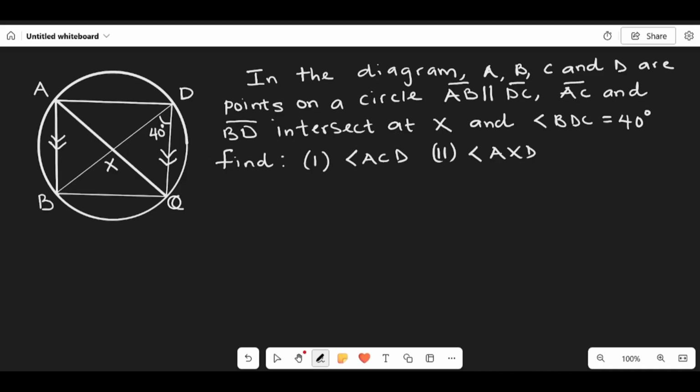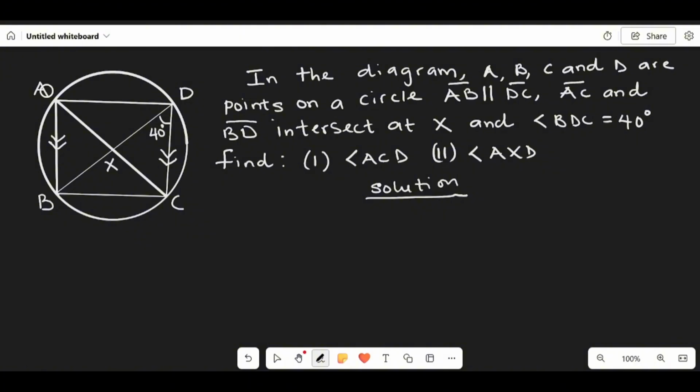Line AC and BD intersect at X, and angle BDC is 40 degrees. Find angle ACD and also angle AXD.